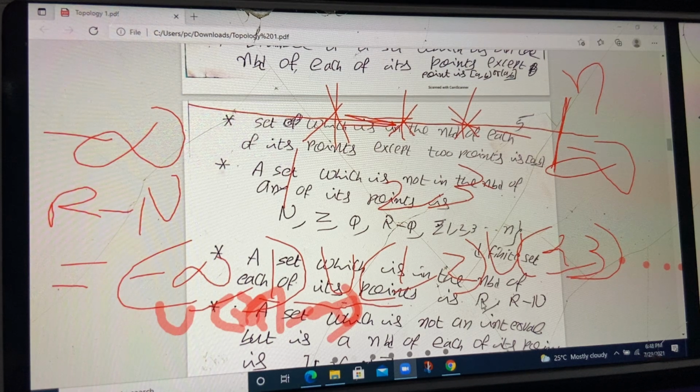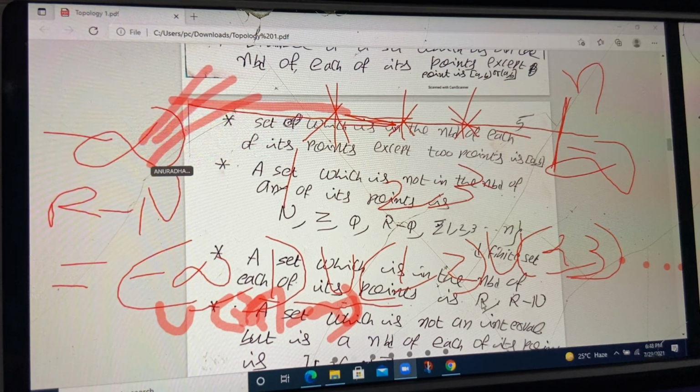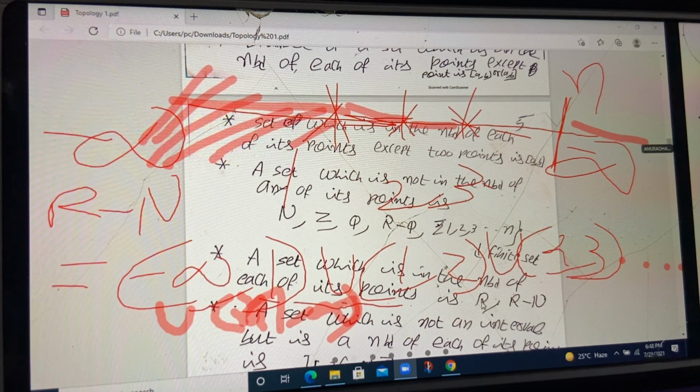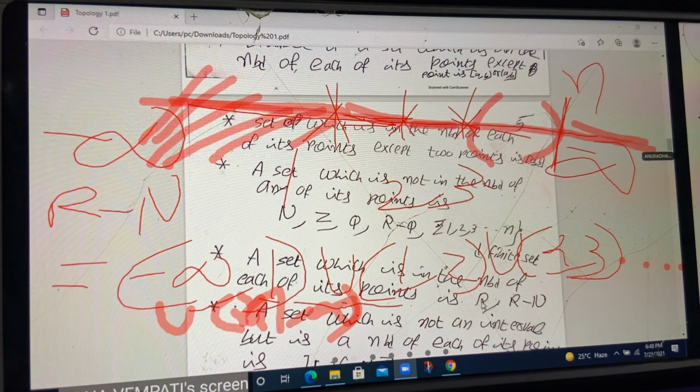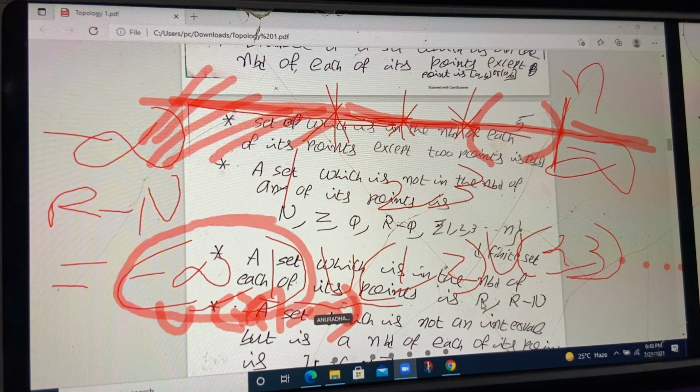So what does R minus N mean? It is a union of open intervals: minus infinity to 1, then 1 to 2, 2 to 3, and so on. If you take the union of all, you get R minus N. You know that in the case of an open interval, every point is an interior point.